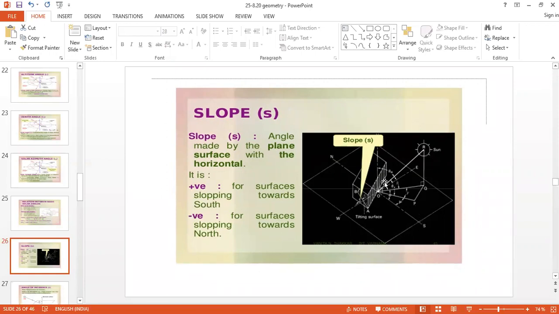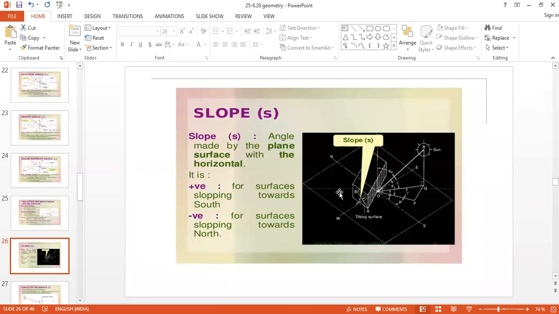This is the sun and this is the equatorial plane, and this is a tilting surface. When the sun's beam falls on the equatorial plane, it will be reflected and some particles are also scattered. This is the slope, this is the slope side, and this is the equatorial plane.